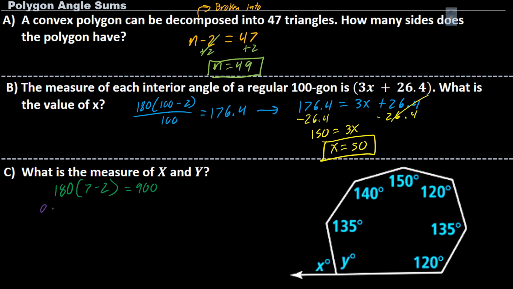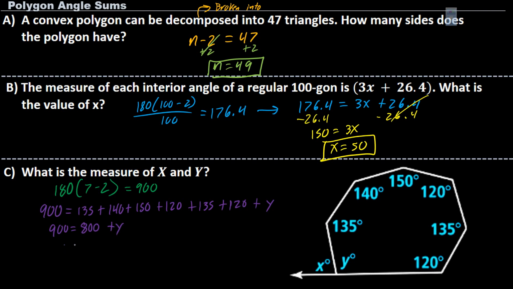And so that means 900 is equal to 135 plus 140 plus 150 plus 120 plus 135 plus 120 plus y, which means 900 is equal to, adding these all together gives us 800 plus y.